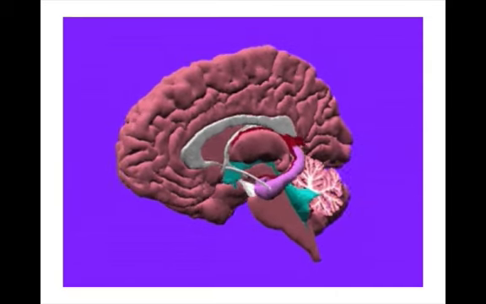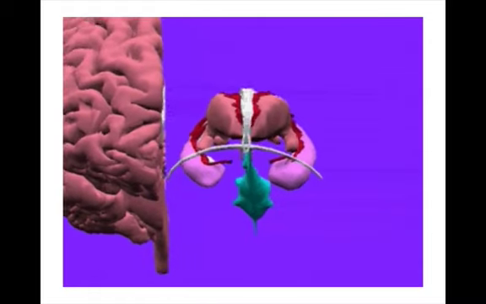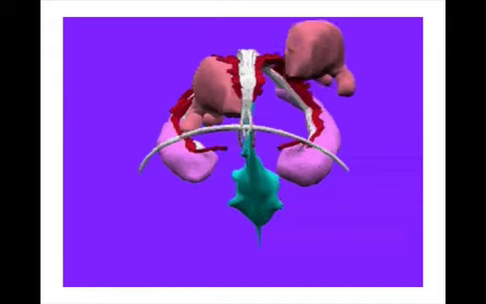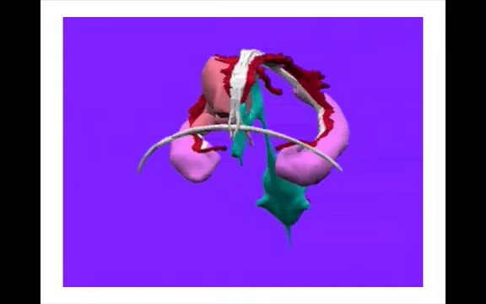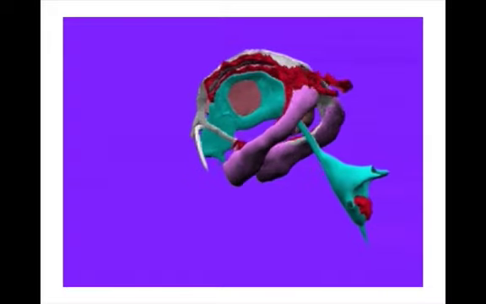Take away most of the other hemisphere, then take away the left thalamus, and you can see the left and right hippocampi in purple, and the white fornix curling over the top.